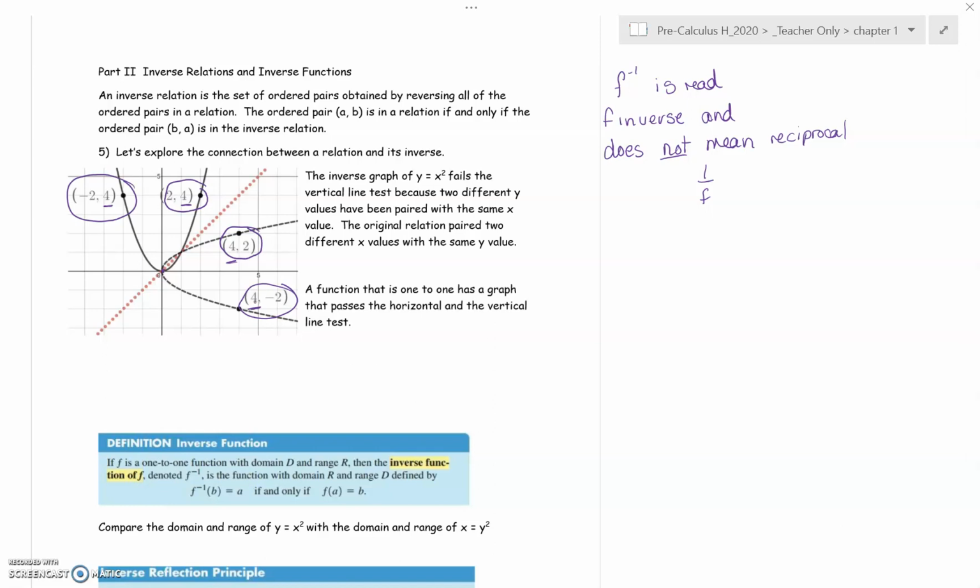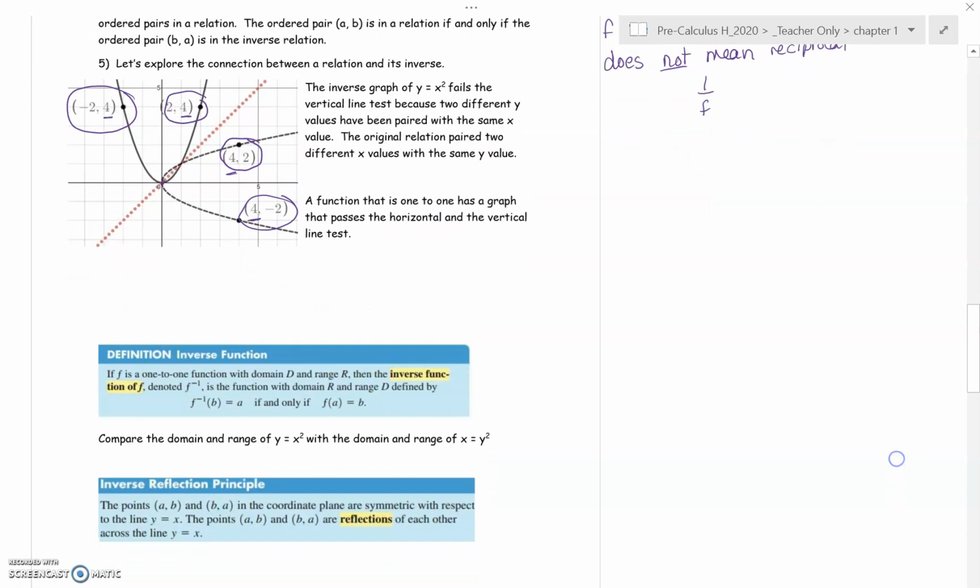So next we need to talk about what it means for a function to be 1-to-1. Okay, so a function is 1-to-1 if its graph passes the horizontal and the vertical line test. So let's talk about that. Over here, we had y equals x squared. So notice its domain was all real numbers.